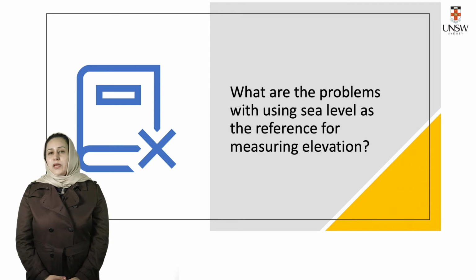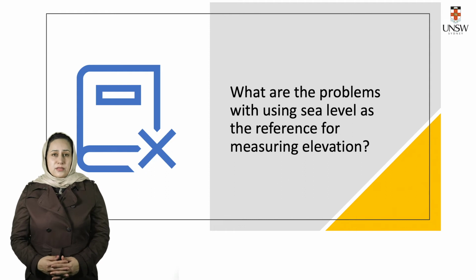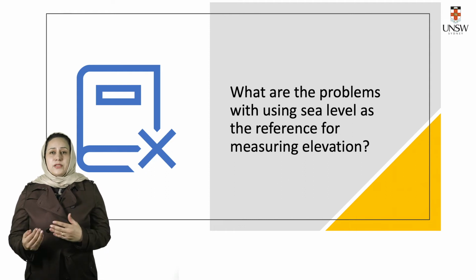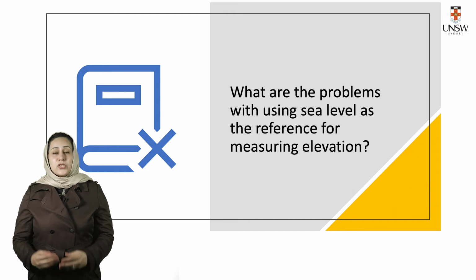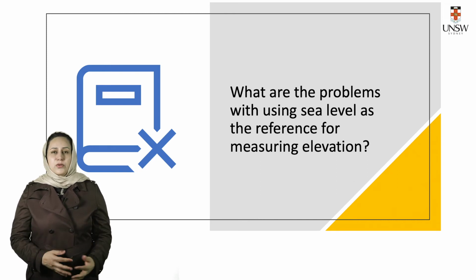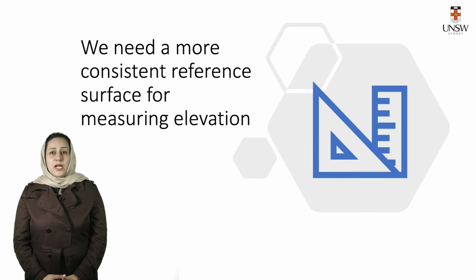If no, what could affect it? Indeed, winds, ocean currents, river discharges, and variations in gravity and temperature prevent sea level from being consistent in time and on all locations. Therefore, we need a more consistent reference surface for measuring elevation, right?